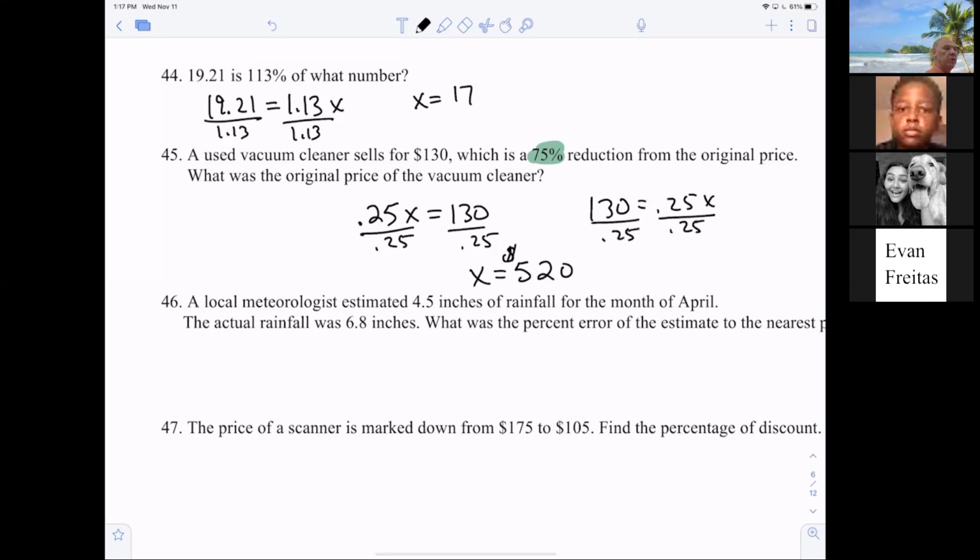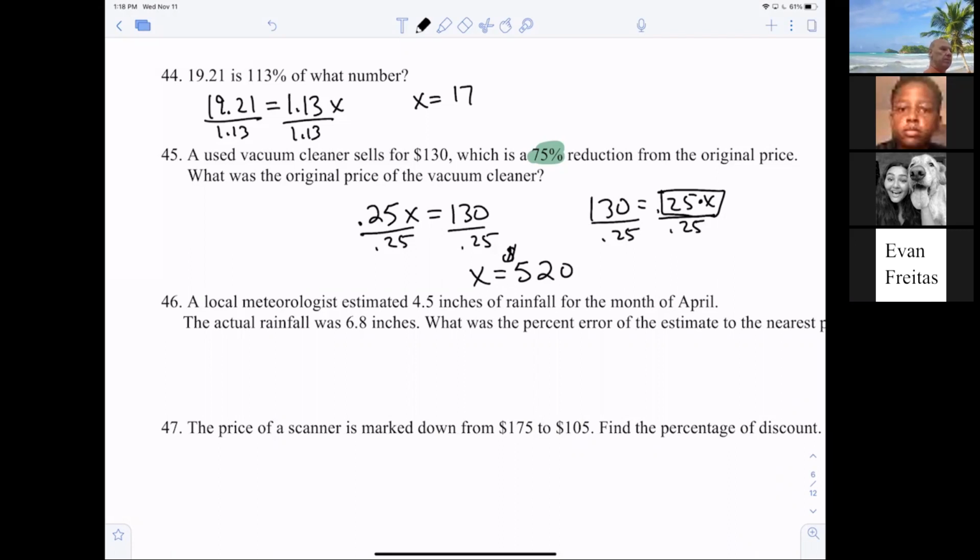Well, because you're undoing this multiplication, remember? That's 0.25 times x. If you're trying to find the original price, you divide. And if you're trying to find a new price, you multiply. I just don't teach math that way because I think you should understand that.